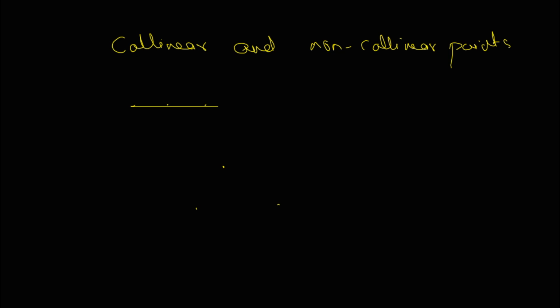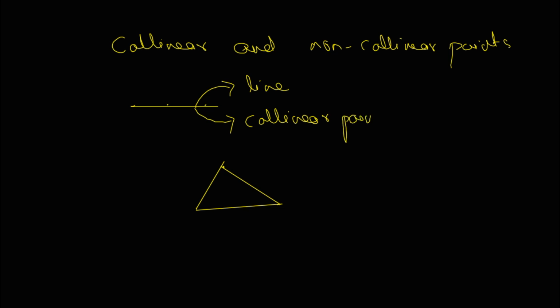But when we join these 3 points in this manner, what do we have, children? You can see here that 2 different figures are formed, and this part is always a line. So a line is formed. So when 3 points are in a line, they are called collinear points. They are in a line, that's why they are called collinear.